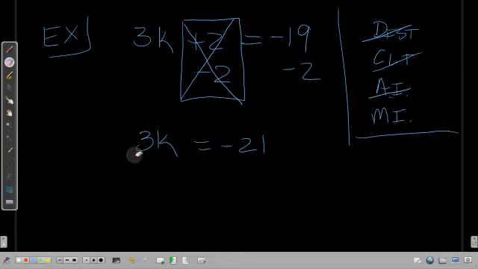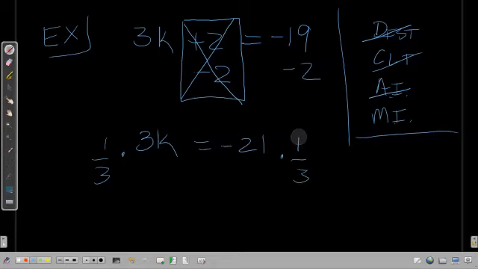I would now want to multiply on both sides by the multiplicative inverse of 3. Well, another name for multiplicative inverse is reciprocal. So I would be multiplying on both sides by 1/3. Well, that's the same thing as saying I'm going to divide by 3.